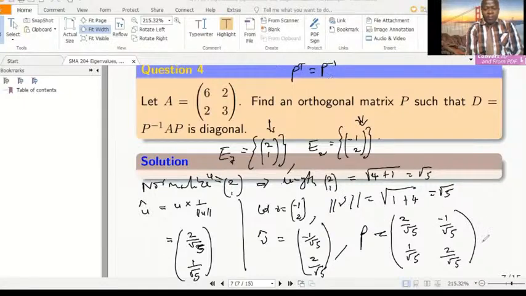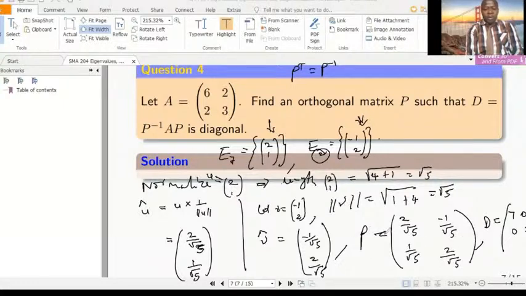Now, what is D? This normalized eigenvector was the eigenvector corresponding to lambda equal to 7, and this normalized eigenvector was the eigenvector corresponding to lambda equal to 2.